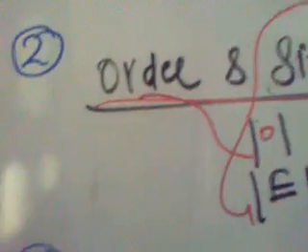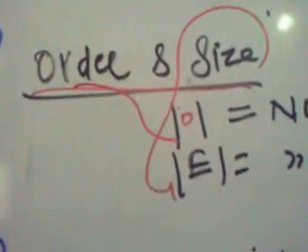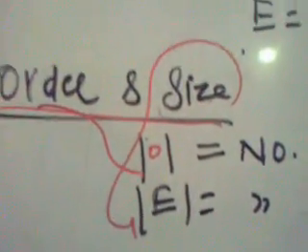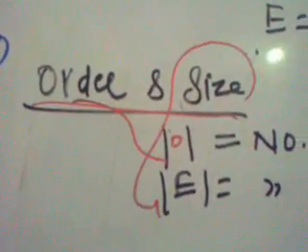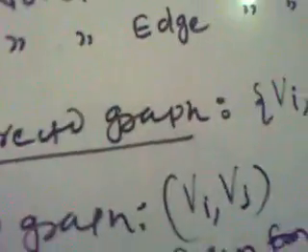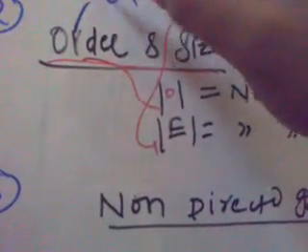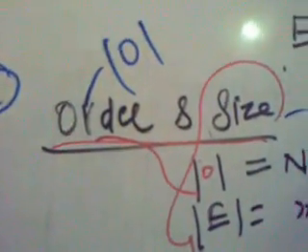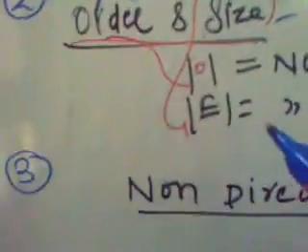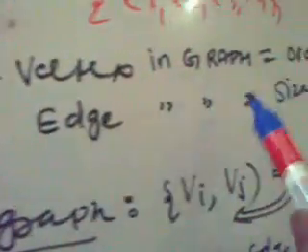The next term related to graph theory is the order and size of a given graph. That means if any graph is given, how can we find the order and size of the graph? I have denoted the order by O and the size by modulus of E. I have defined the order of a graph as the number of vertices in the graph.